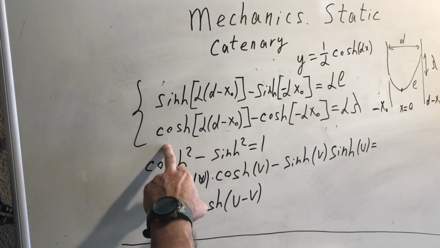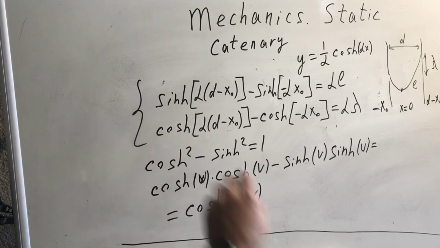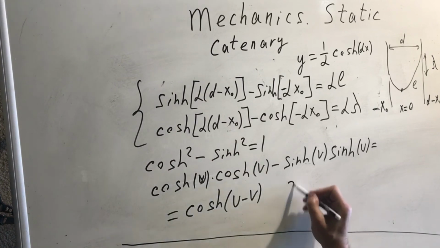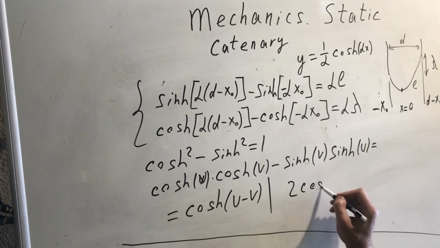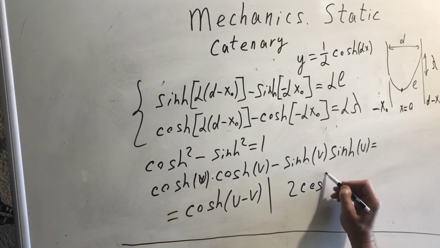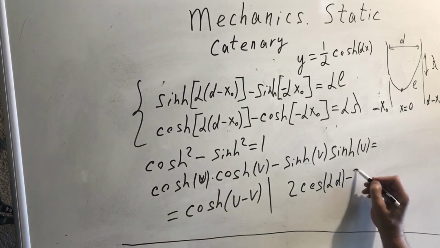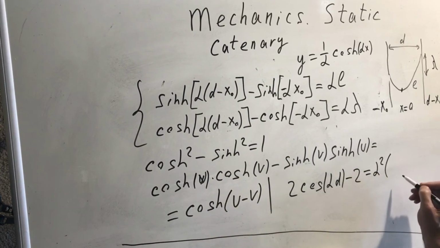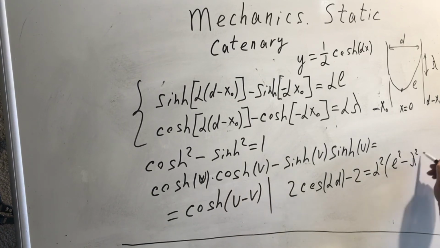We square this equation, square this equation, subtract from this one, and using this formula we finally find that 2 cosh of alpha d minus 2 is equal to alpha squared multiplied by L squared minus lambda squared.